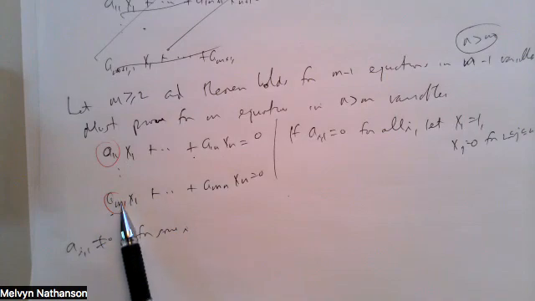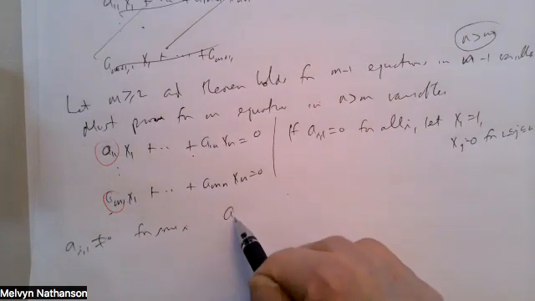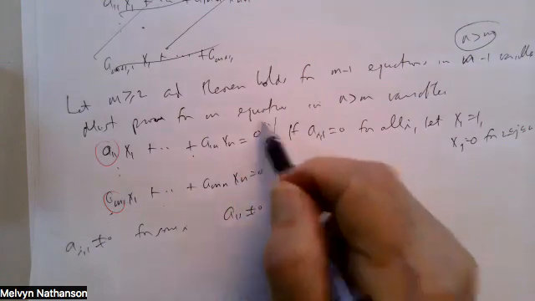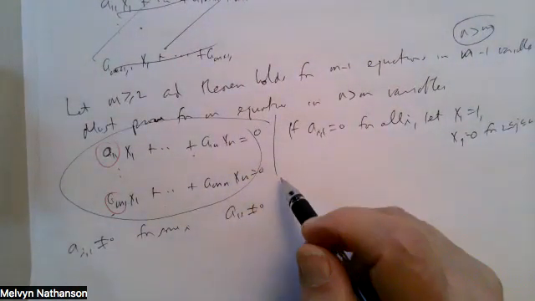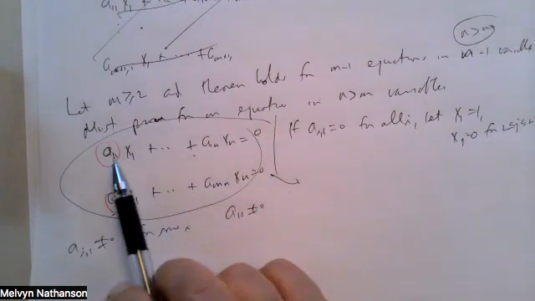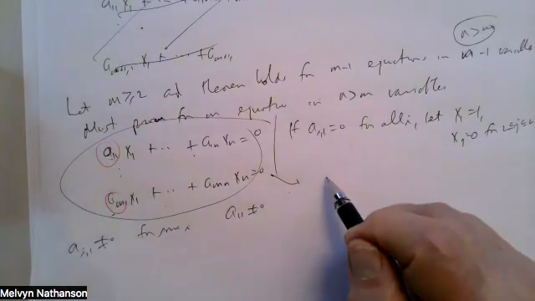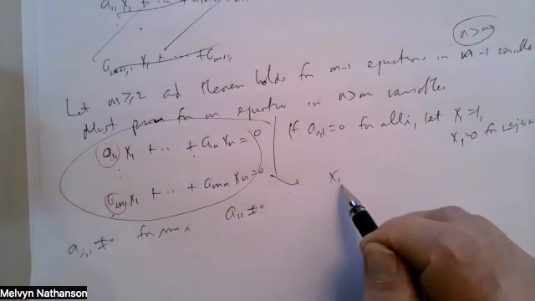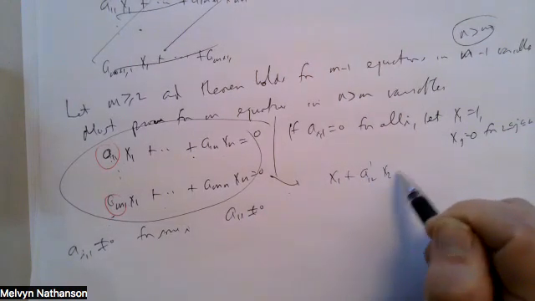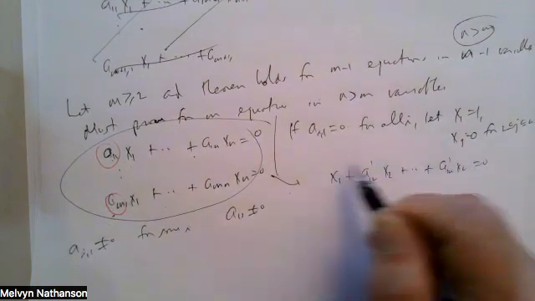By interchanging equations, I can assume that a11 is not 0. So then I apply my Gaussian elimination process. I can multiply the first equation by the reciprocal of a11, so the first equation starts with a coefficient of 1 for x1. Say x1 plus a12 prime x2 up to a1n prime xn equals 0.